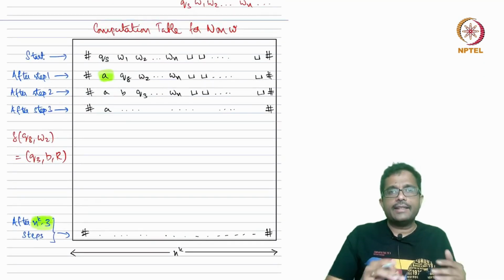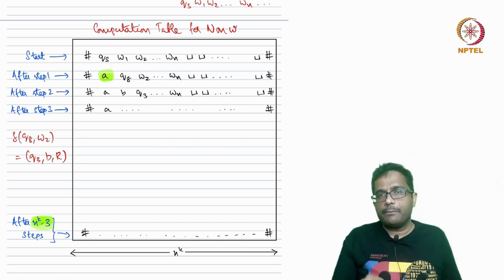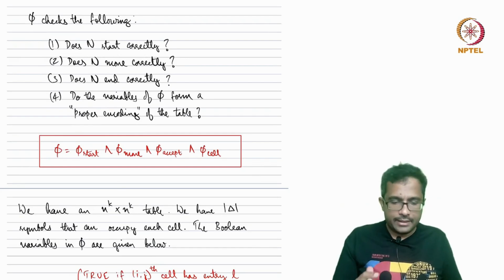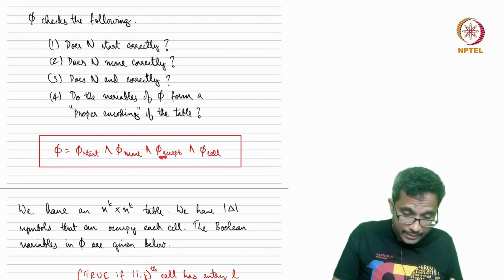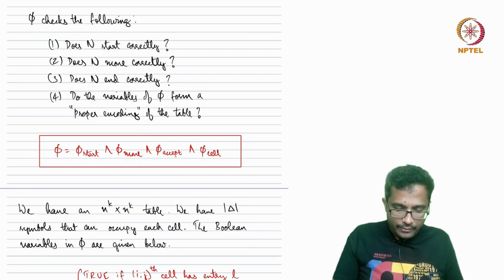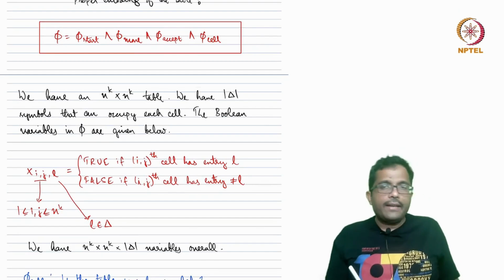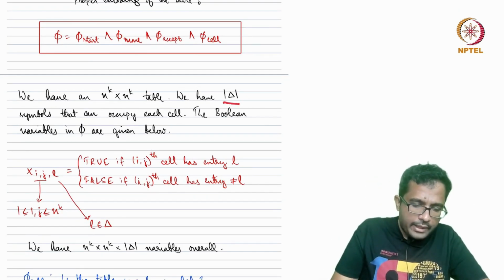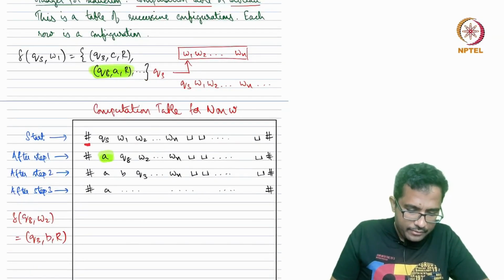We build phi that is able to check whether N has an accepting computation on W. Okay, so phi has 4 parts: phi start, phi move, phi accept and phi cell. And we'll define each of these one by one, right? So we have an n^k by n^k table, and each table entry can be either a hash, or a state, or something in the tape alphabet.